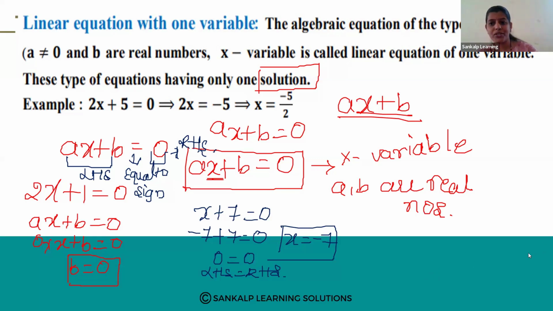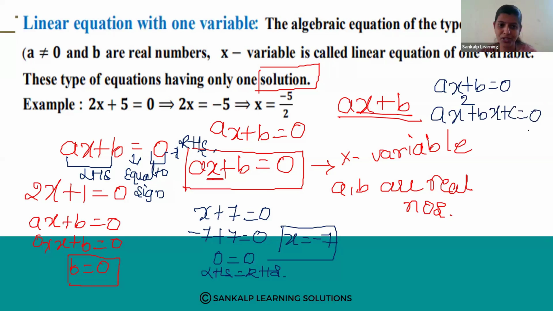So when the variable power is 2, then you call it as a quadratic equation. So ax plus b equal to 0, this is a linear equation. Ax square plus bx plus c equal to 0, this is a quadratic equation with one variable. I am telling with one variable. Okay.